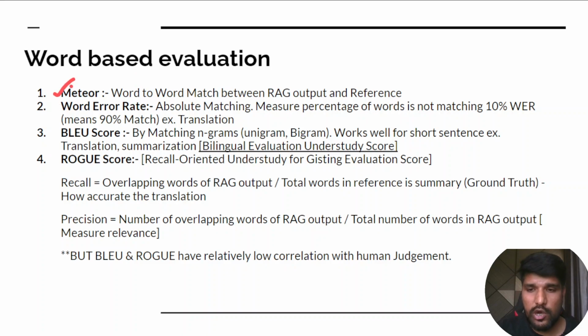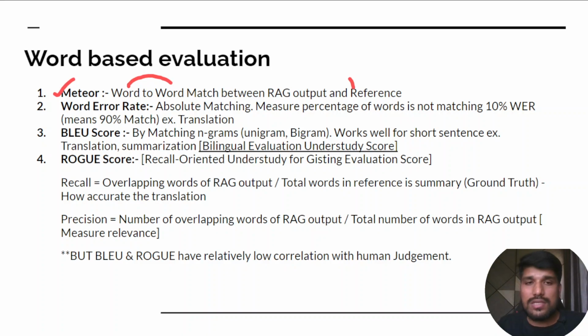First is the Meteor. In Meteor it will do a word-to-word match between the RAG output and the reference. I hope that in many of your NLP tasks you have this kind of metric to check, for example, sentence-to-sentence translation or summarization.